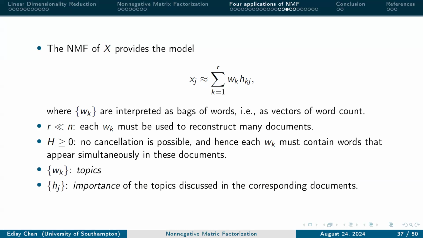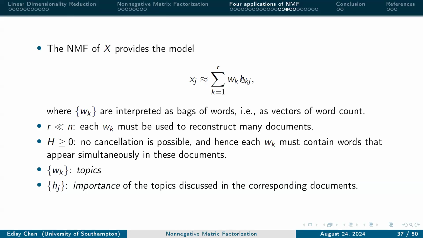And then the H would be the coefficients matrix, or the classifications, which gives us how important each topic is in each document. So if we look at this, you can see that this Xj is a column. This is one document. And now we can try to factorize this document as the summation of the topics multiplied by the weighting, right?